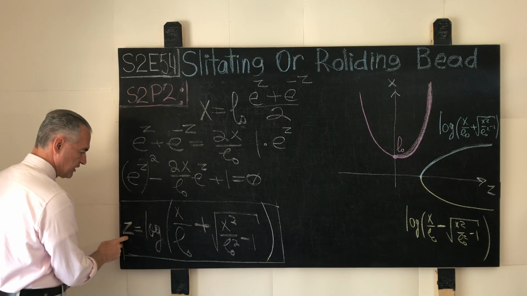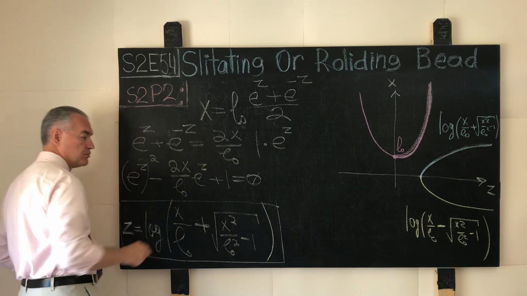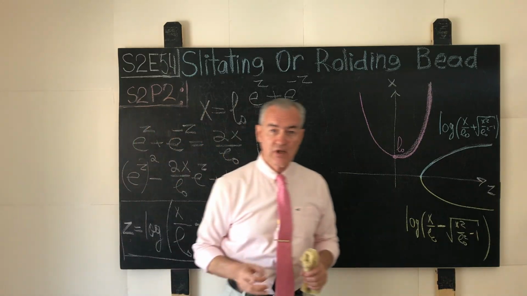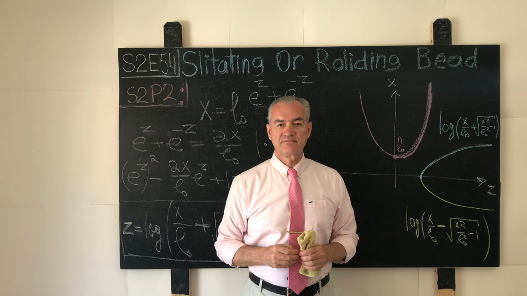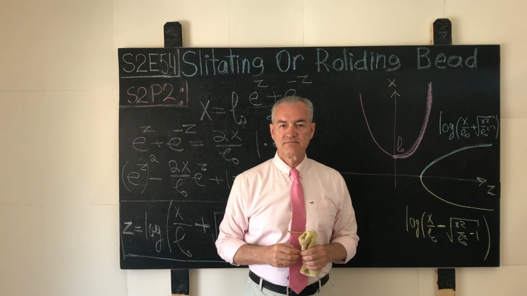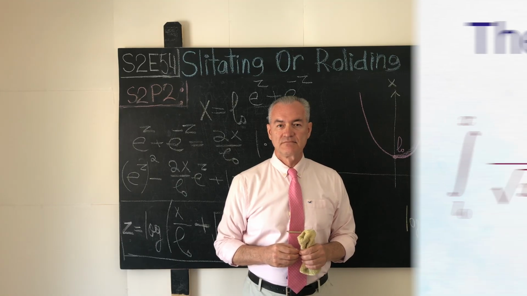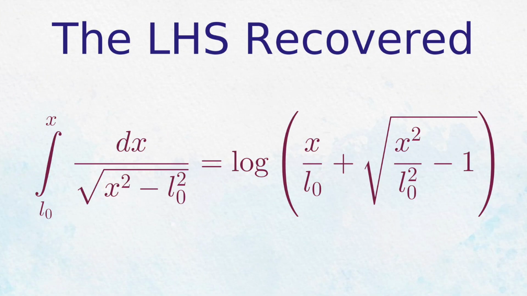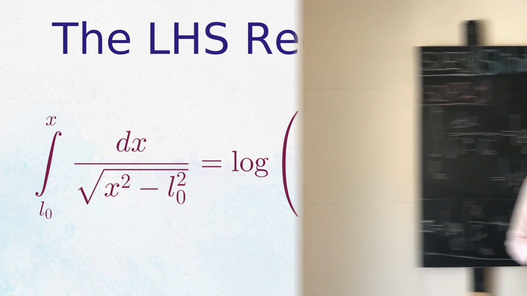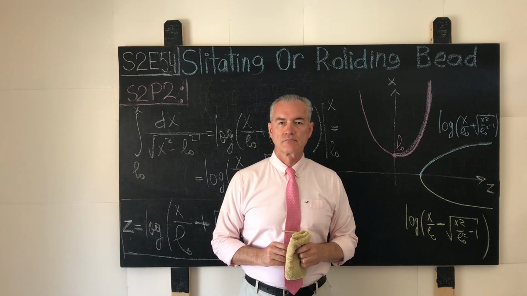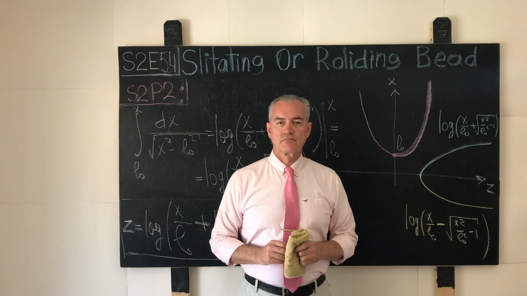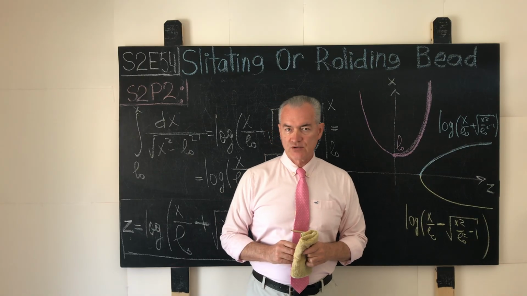And we can now take our z and put it back into the original indefinite integral. Hindsight is always perfect.